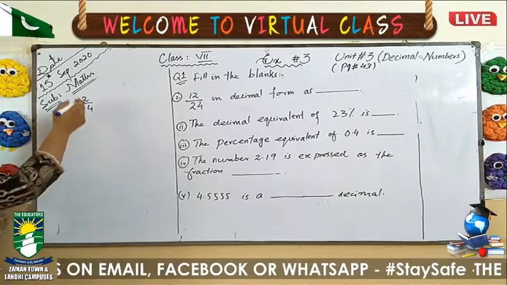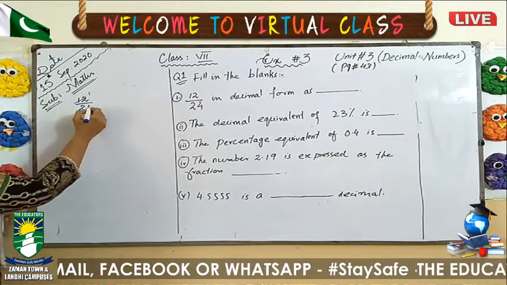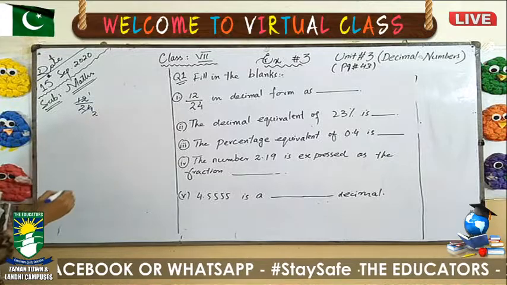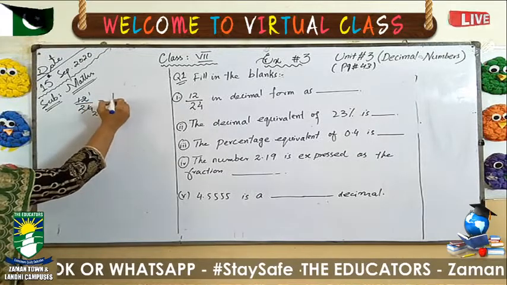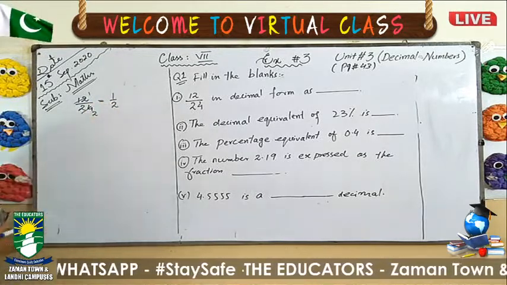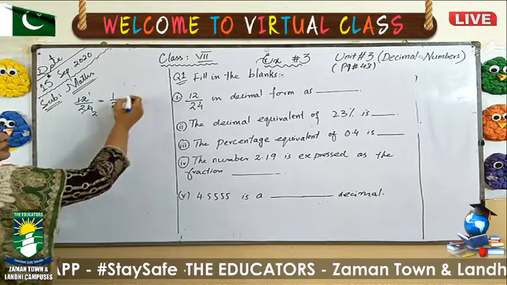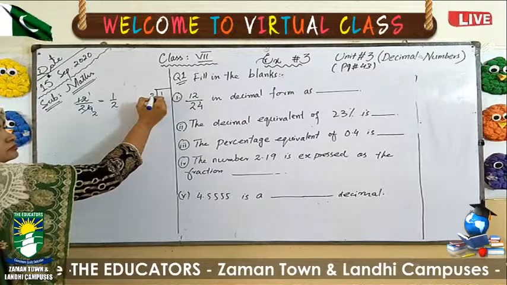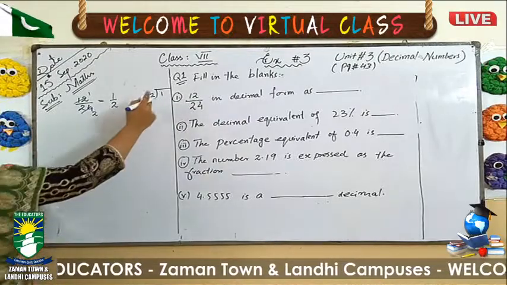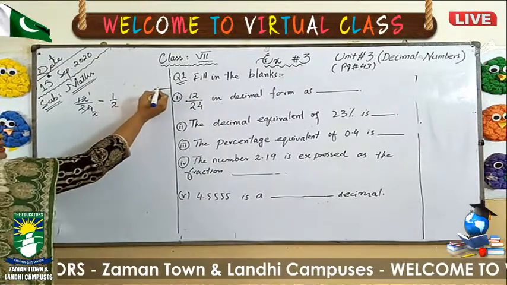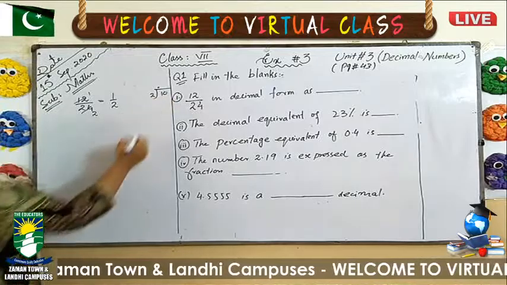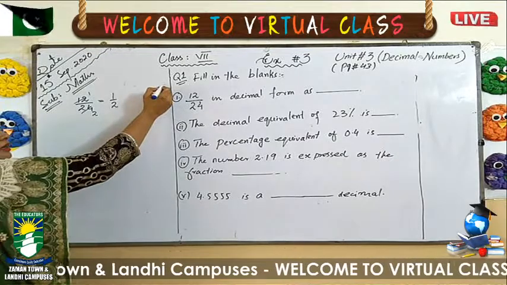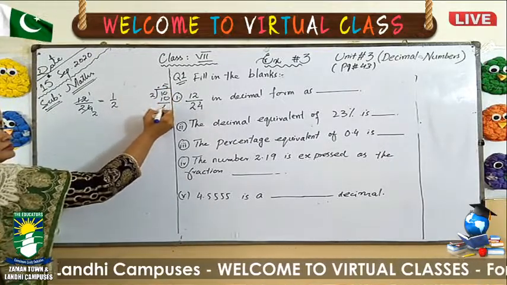12 ones are 12, 12 twos are 24. It will give you 1 upon 2. Now divide your 1 by 2. 1 is not divisible by 2, so we write a decimal and a 0. 2 fives are 10.